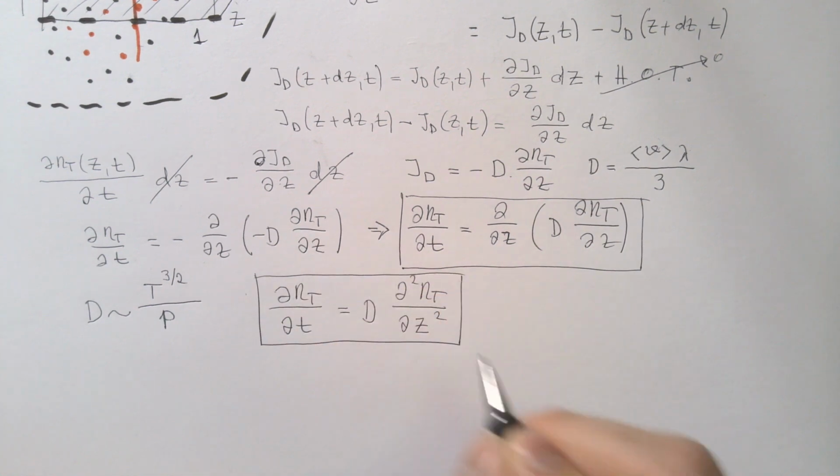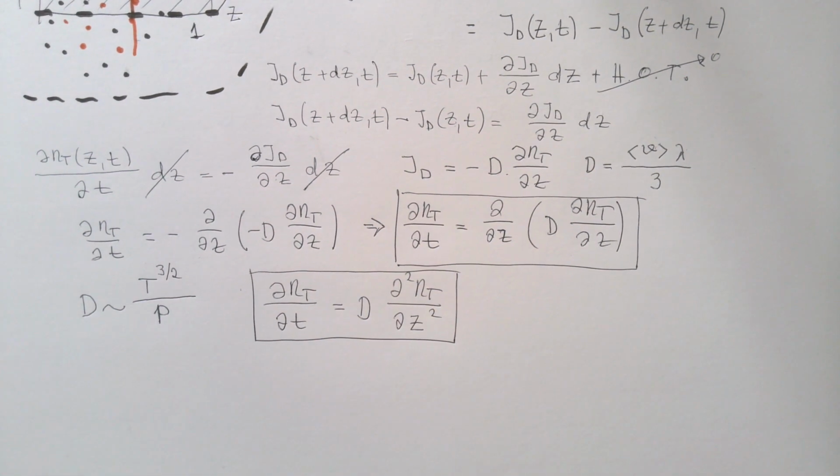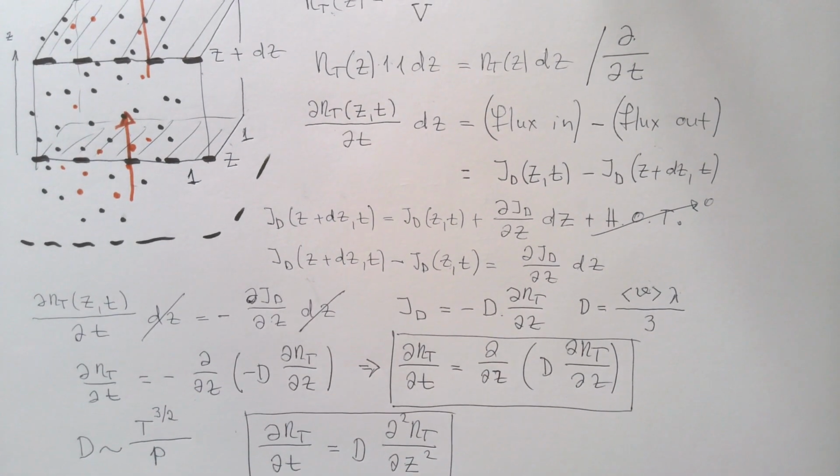And this, ladies and gentlemen, is known as second Fick's law. Of course, there is absolutely nothing special in terms of our z-axis.